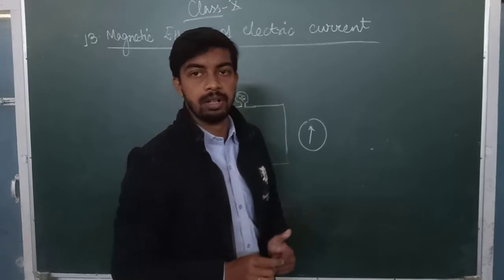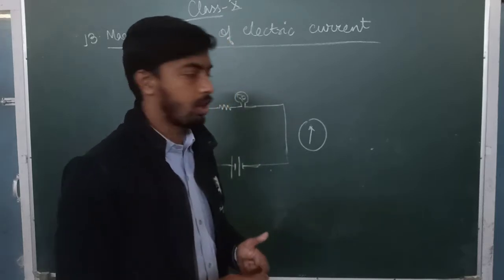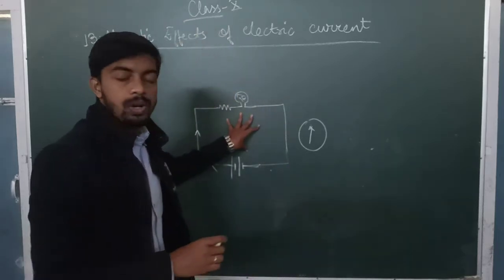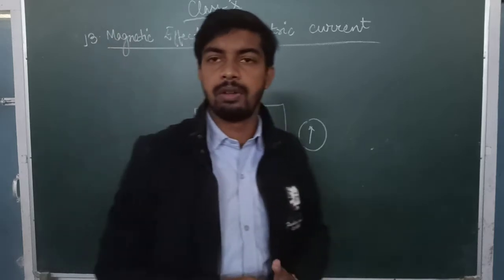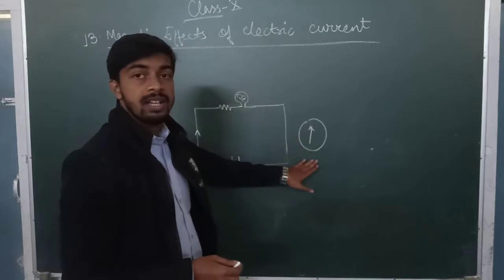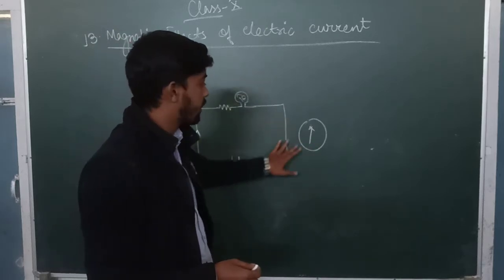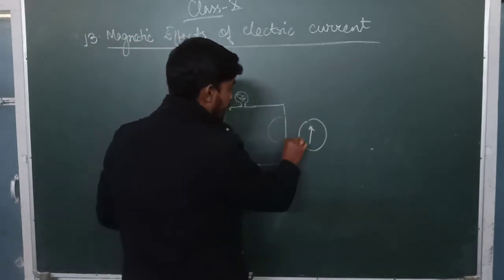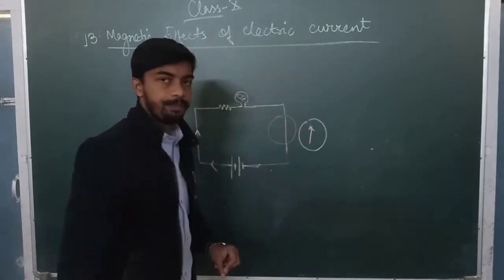This was his experiment. One day Hans Christian Ørsted was doing some experiment with electricity, and by mistake he kept one of his compasses over the wire.